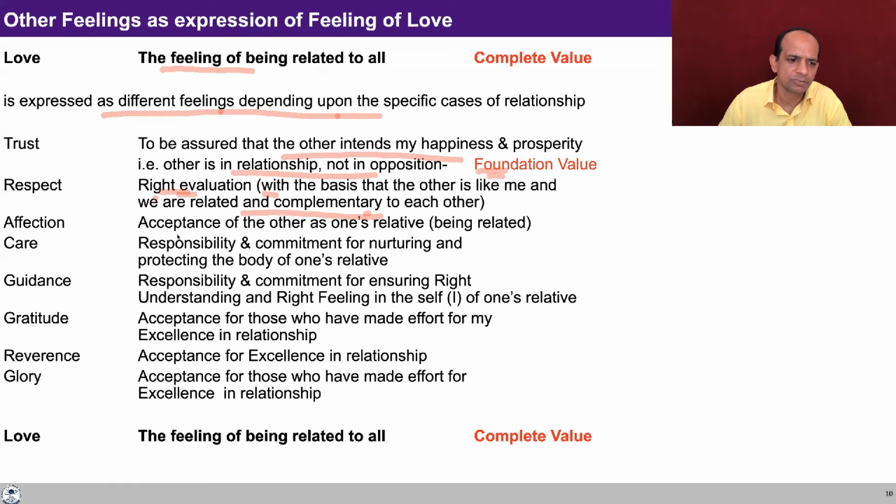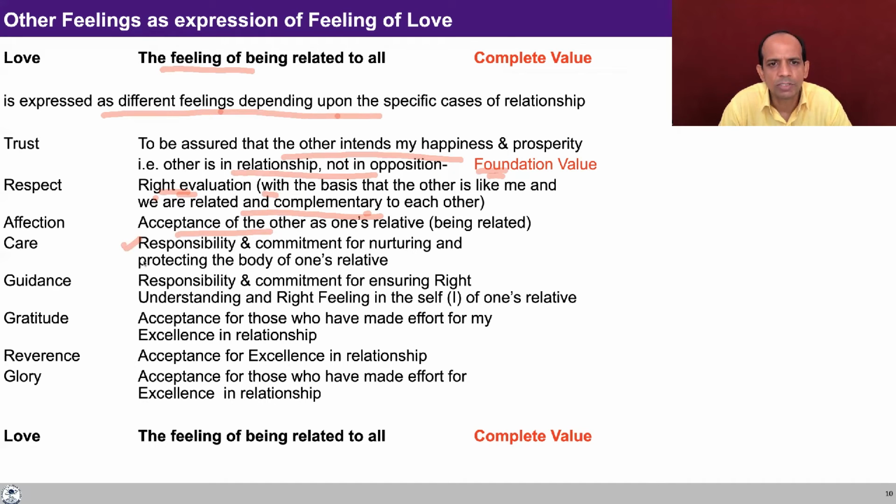Affection is the acceptance of the other as one's relative, that is, the feeling of being related. Once I have the feeling of trust and respect, then only I am able to feel related to the other. Now, when I have the feeling of affection for the other, then the natural outcome is the feeling of care and guidance. Care is the responsibility and commitment for nurturing and protecting the body of one's relative.